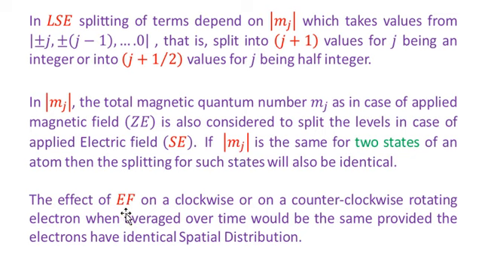The total effect of the electric field on a clockwise or on a counterclockwise rotating electron, when averaged over time, would be the same, provided the electrons have identical spatial distributions. So if we are considering electrons having identical spatial distributions, whether they are revolving clockwise or anticlockwise, then the electric field will have the same effect on them.